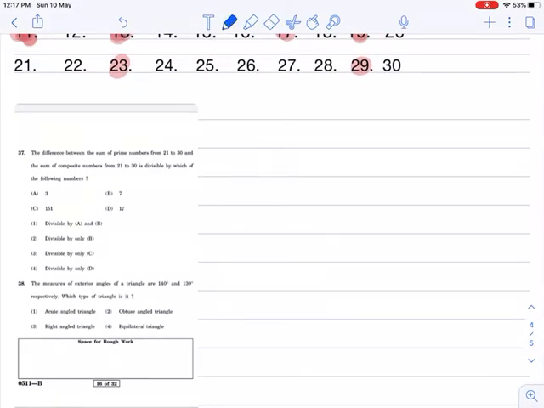Here the prime numbers from 21 to 30 are 23 and 29. We'll write the sum of prime numbers. So here 23 plus 29. So the sum is 52.